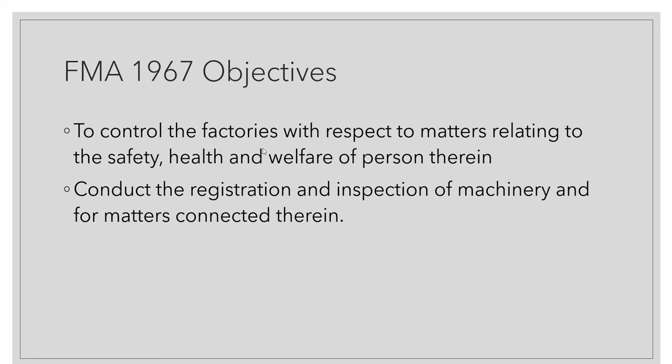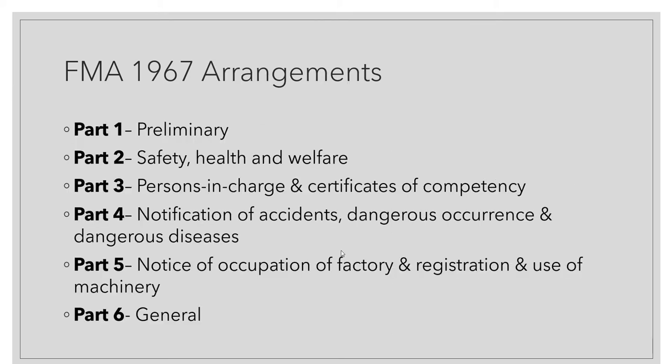So kalau kita lihat dekat sini, dia only cover the machinery yang digunakan di dalam kilang. Akta ni dia merujuk kepada penggunaan mesin di kilang dan juga penjagaan keselamatan dan kesihatan pekerja yang menguruskan mesin. Okay, kita akan lihat lebih detail. So the arrangement of FMA 1967.